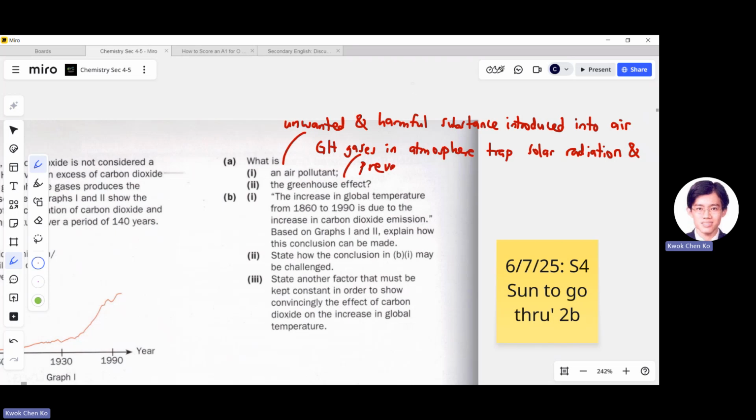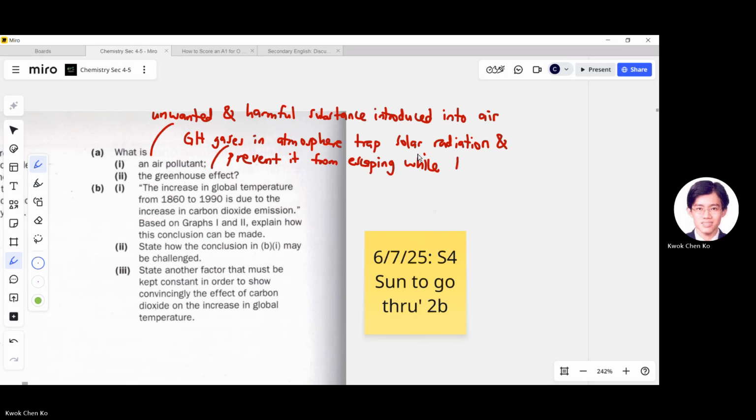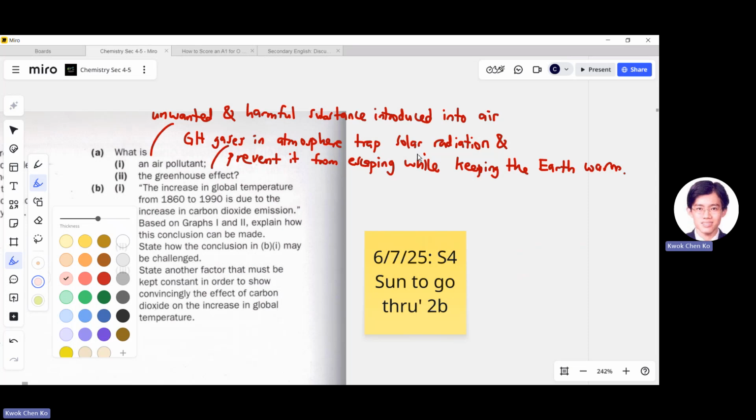I think those are your words. Keeping the earth warm. Yep, those were the key points: greenhouse gases, trap solar radiation, keep the earth warm.